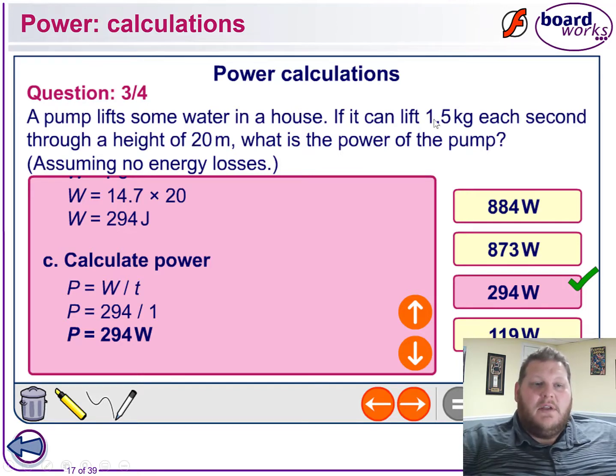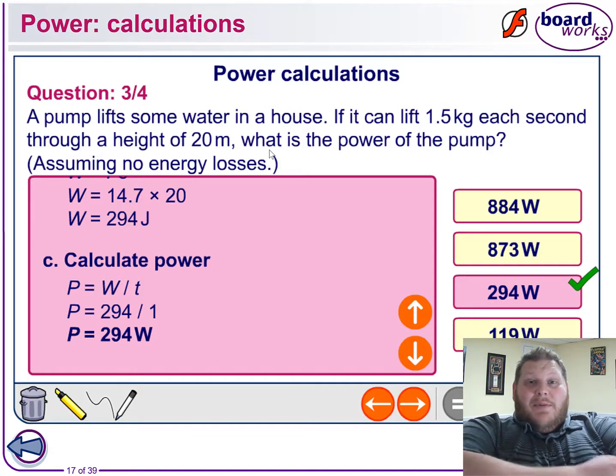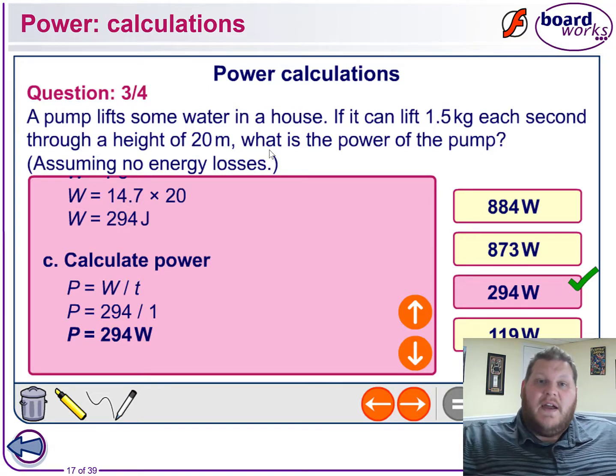So if you can lift 1.5 kilograms each second for a height of 20 meters, you would start with 1.5 times 9.8, because that would be the force required to lift 1.5 kilograms. Right, our force is always our mass times our acceleration from way back when.